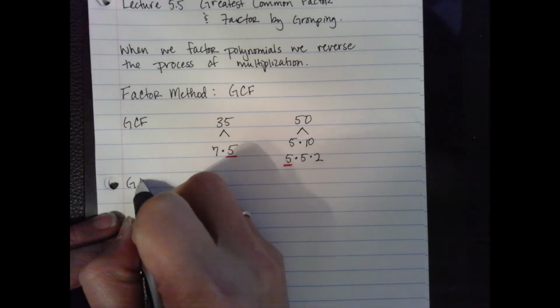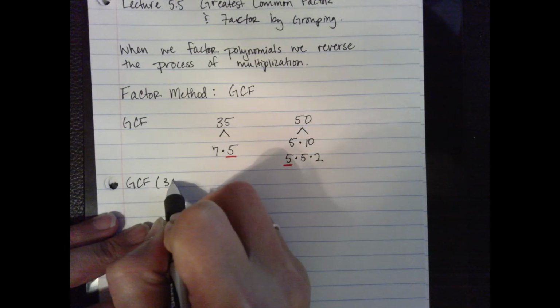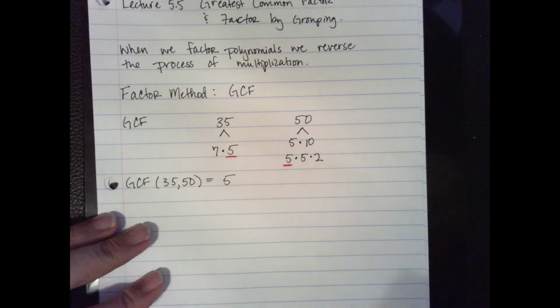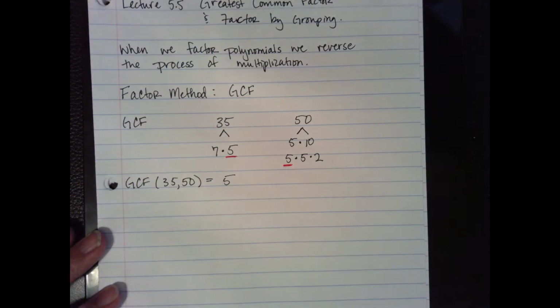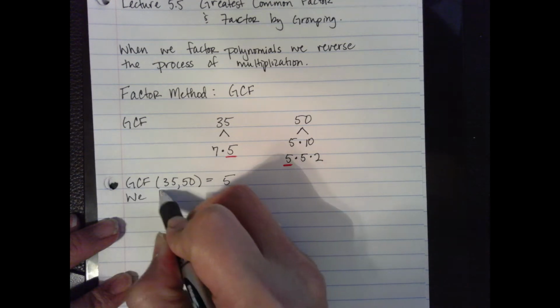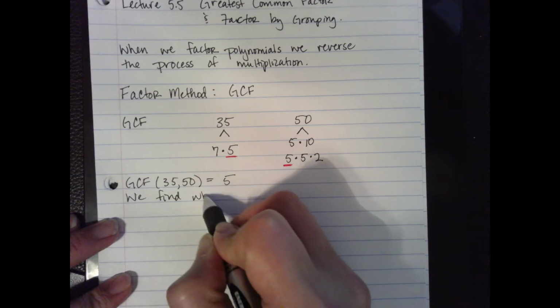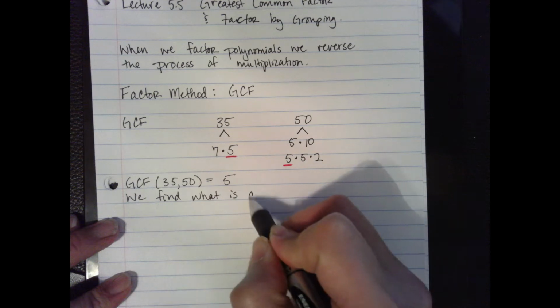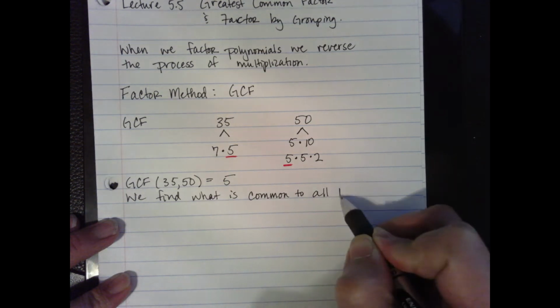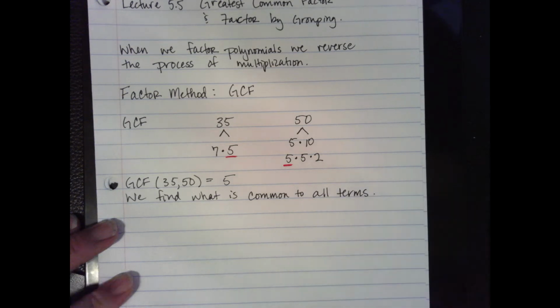So my GCF of 35 and 50 is 5. We find what is common to all terms.